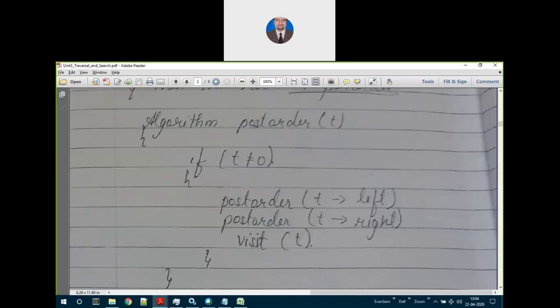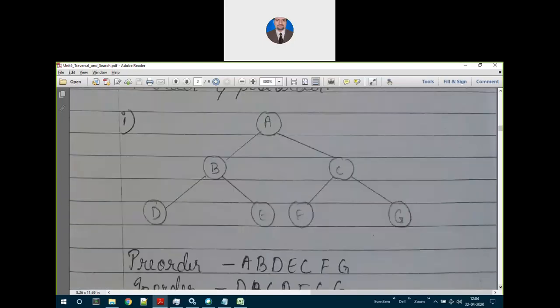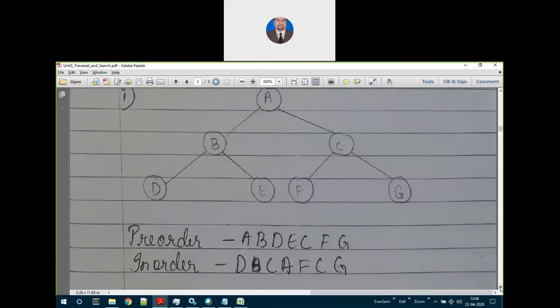Then one example, which should have a minimum number of elements; you cannot have just a, b, c. Then write the pre-order values, in-order, and post-order, whichever is asked. If only pre-order is asked, you are only allowed to write the pre-order. There will be 5 marks for this.